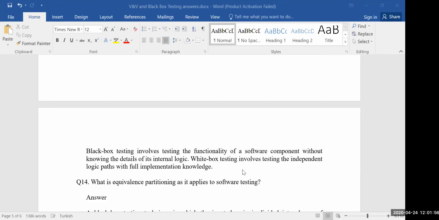We will calculate cyclomatic complexity. We will use some branch diagrams, and you will see these independent logic paths in those diagrams. Now let us continue with the following questions.